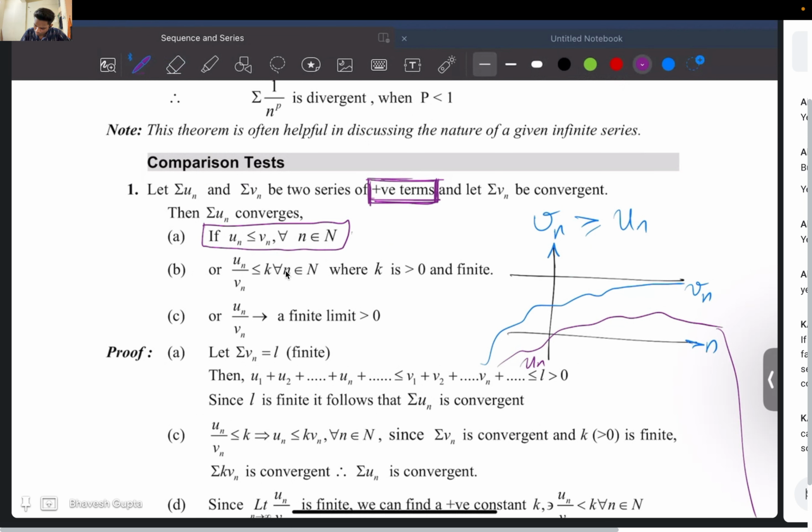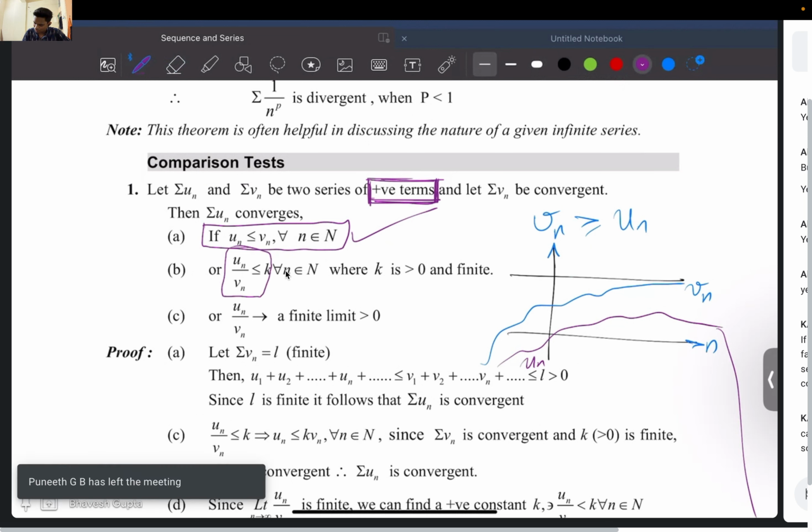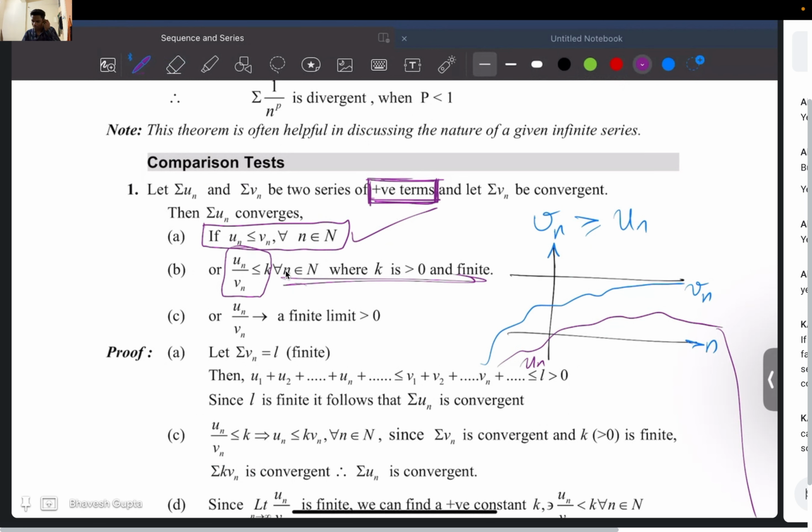Besides this, there is another part, that is the ratio, and the ratio turns out to be finite, and it has to be greater than 0. If we take the limit of this ratio, it turns out to be some finite value. So points B and C basically ensure that you don't have this behavior.